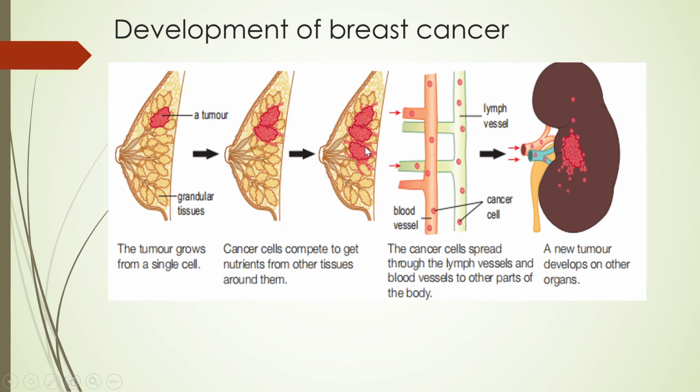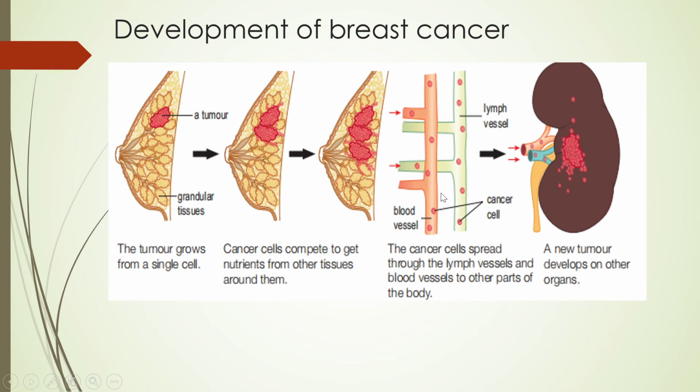Initially it starts at one place, localized, this is the breast. Eventually we say cancer stage. What stage is that, early stages or late stages? Stage 4, you see it has already metastasized, meaning spread to other parts. So how does this spreading happen? It must be through some channels.